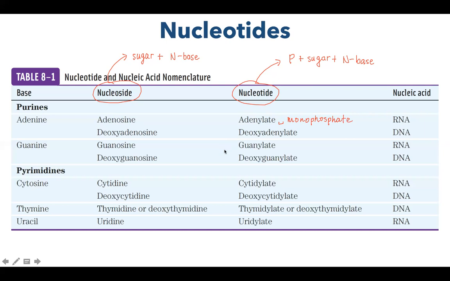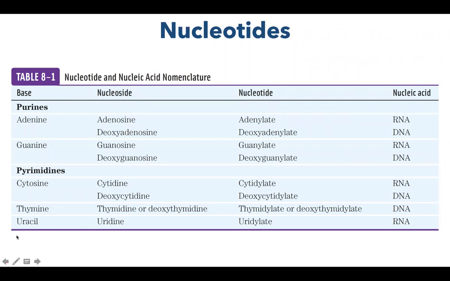Or if there are three phosphate groups, we write adenylate triphosphate. However, we are used to using the nucleoside name, right? So we are more familiar with adenosine triphosphate, cytidine monophosphate, etc. But this is the more formal one, the one that follows the nomenclature.